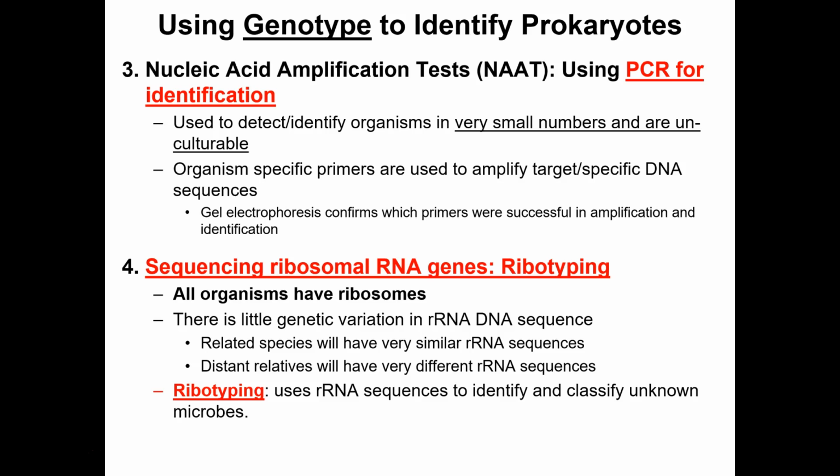If any of the reactions work, so say you run 20 different reactions to identify 20 different pathogens, if any single one gives you amplified DNA, that means you've identified your pathogen.